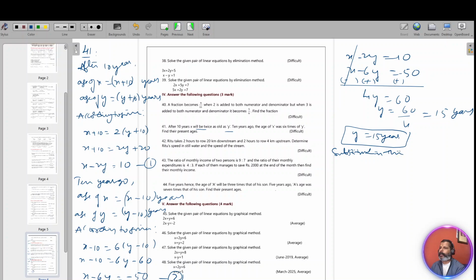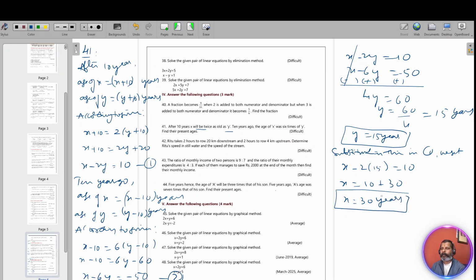Substituting this in equation 1, we get x minus 2 of 15 equals 10. x equals 10 plus 30, it becomes plus 30 when you transpose, 40 years. 10 plus 30 is 40, my mistake.